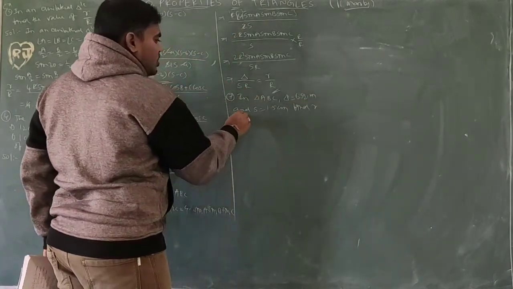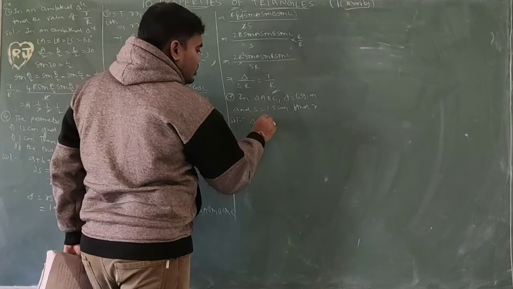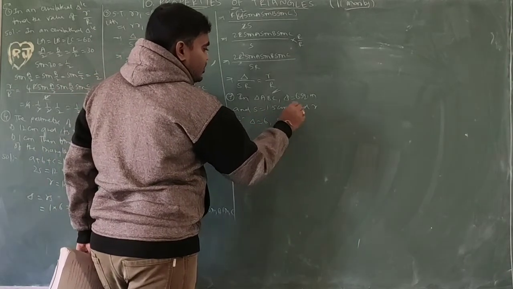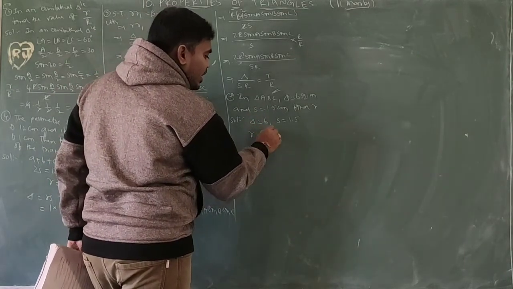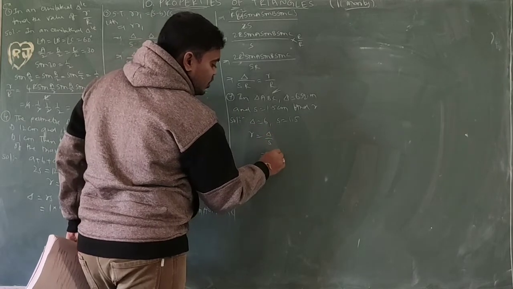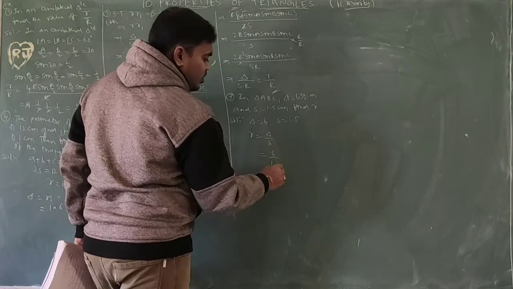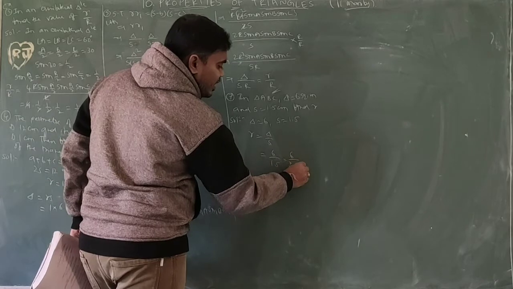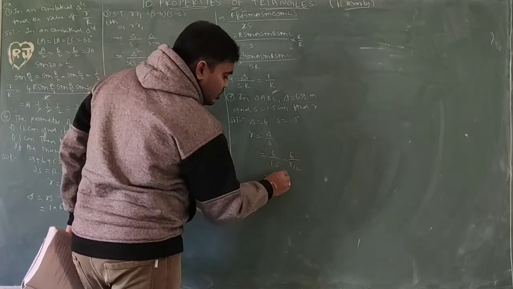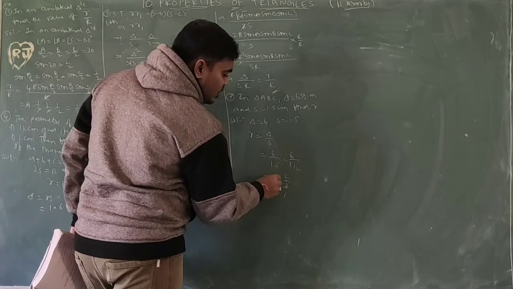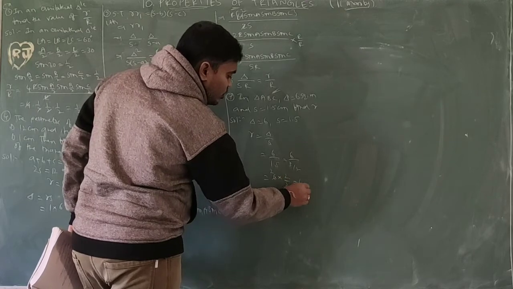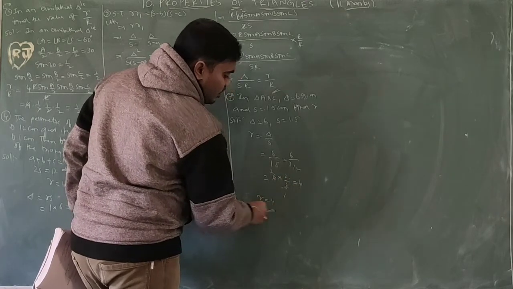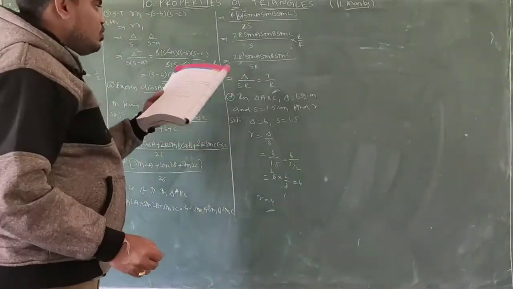Our solution: delta equal to 6, s equal to 1.5. So r equal to delta by s, 6 by 1.5. So 6 by 3 by 2 we can write. So 6 into 2 by 3, 3 into 1, 3 into 2, 2 into 2, 4. r equal to 4. This is the solution.